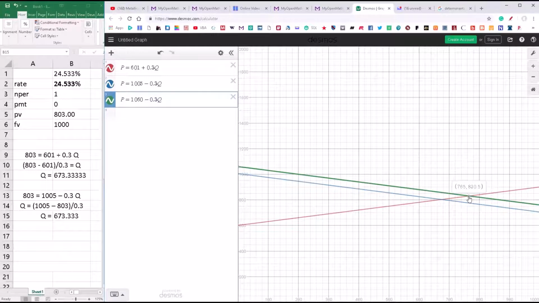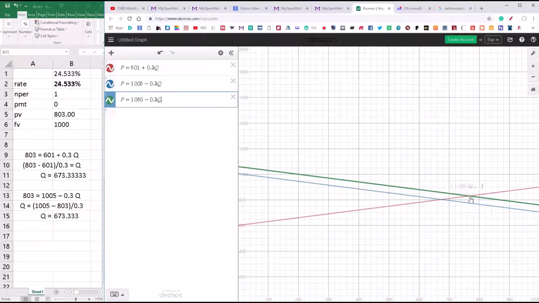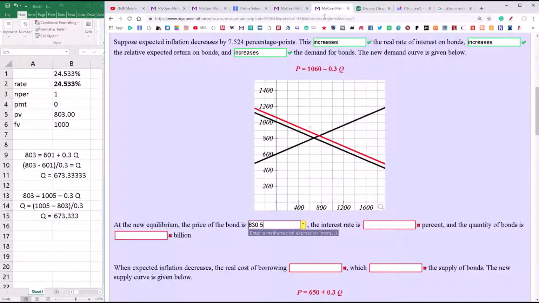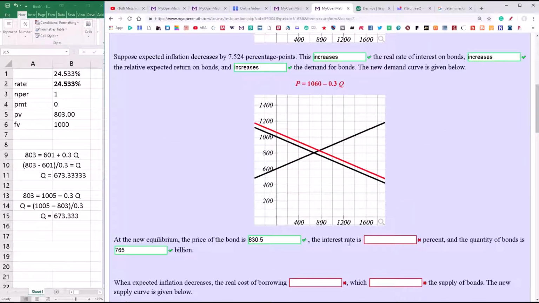The new equilibrium price is the second number, 830.5. And the new equilibrium quantity is 765 billion. And we'll hit enter to see if we got it right. And we did. Okay. Now we got to figure out what the interest rate is.